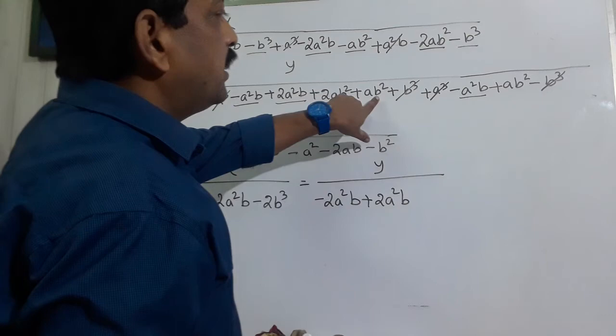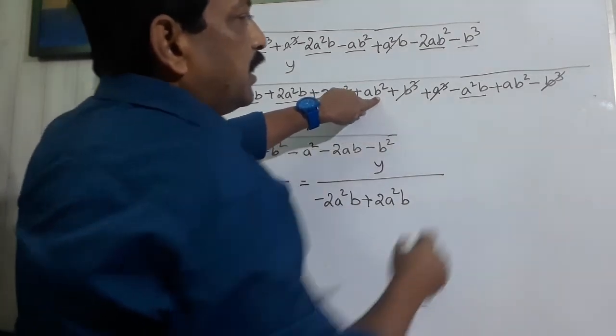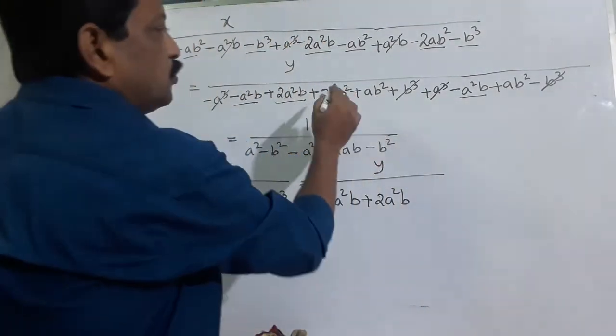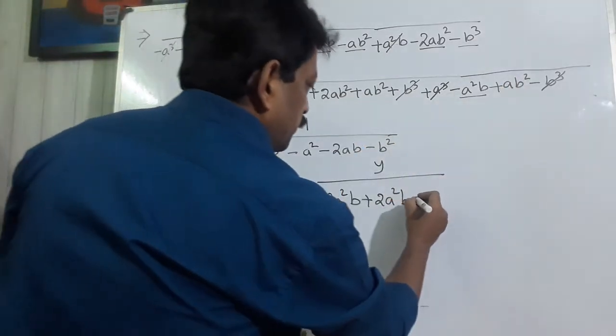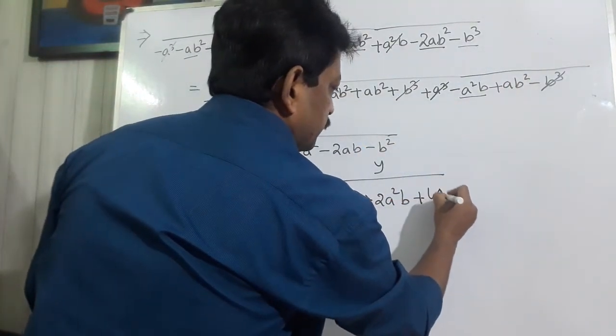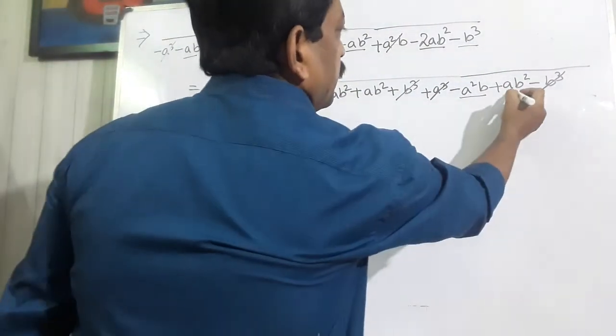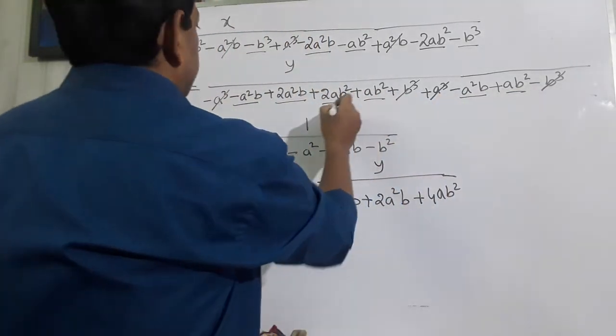Then 2ab square plus 1ab square plus 1ab square means 2 plus 1 is 3 plus 1 is 4, 4ab square. This is done, this is done, this is done.